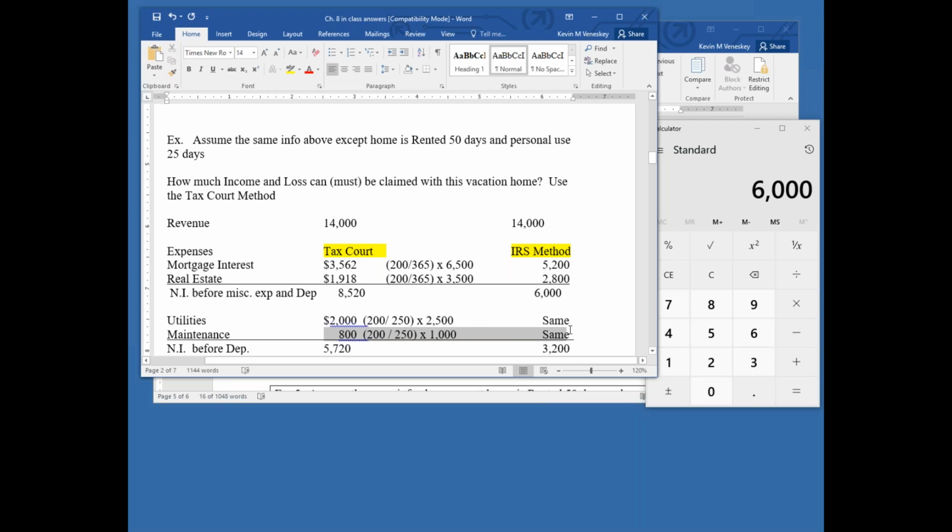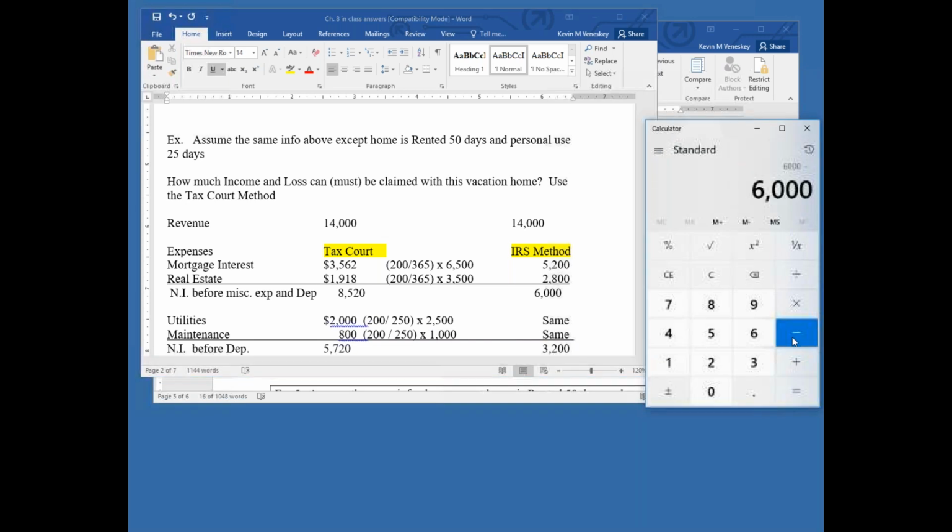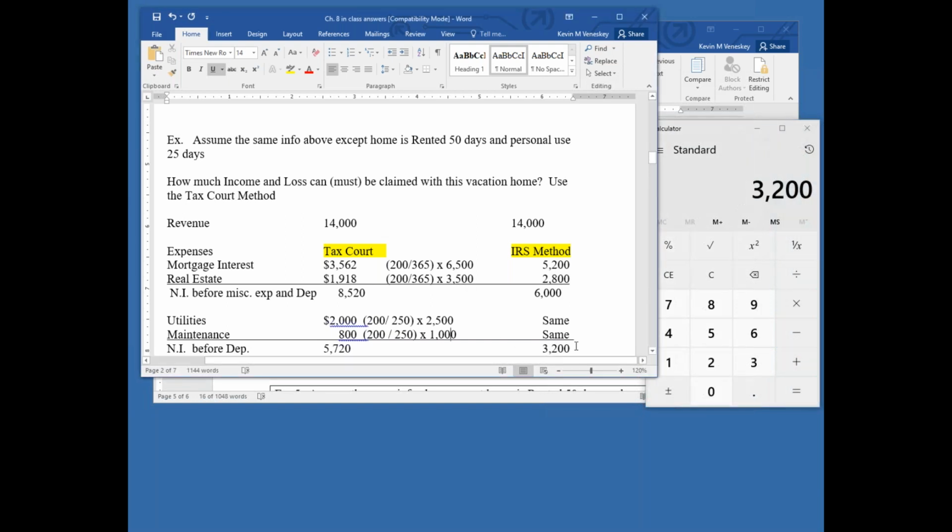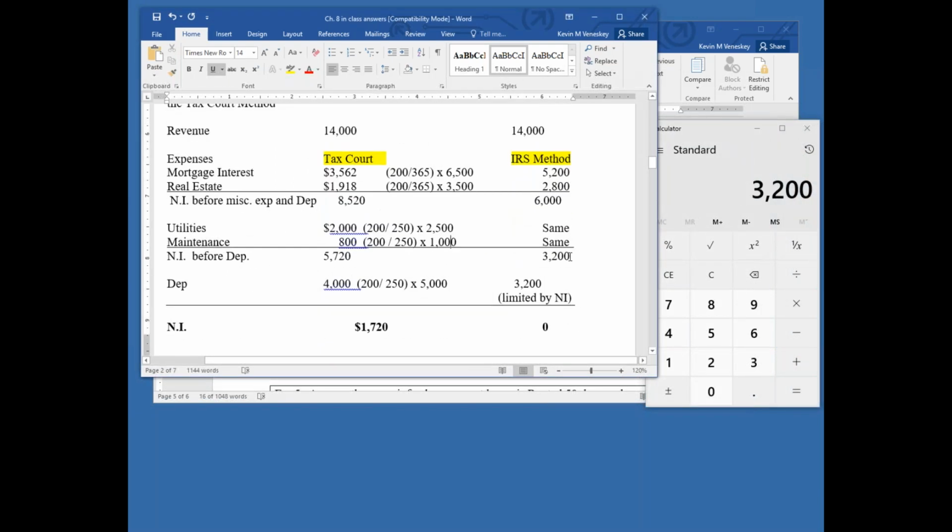Both of these have to use the IRS method. 80% of 1,000 is 800. So 6,000 minus 2,000 minus 800, that leaves me left with $3,200.